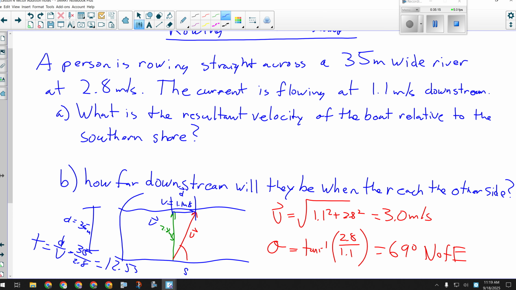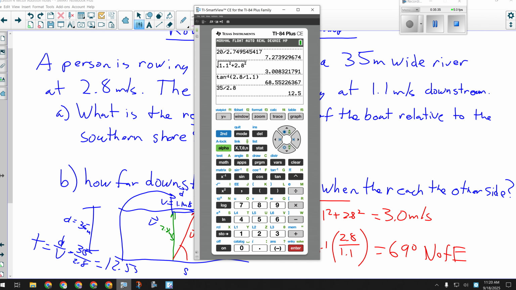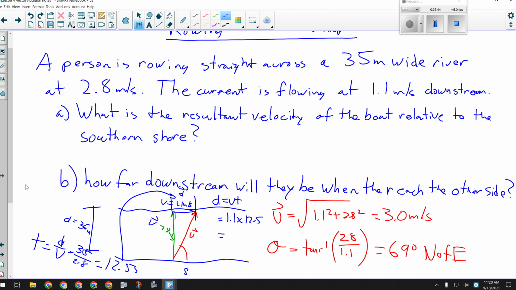That 12.5 seconds also applies to going downstream, because I do that for just as long. Once I get to the other shore, both stop. So now I can go d equals v times t and go 1.1 times 12.5 seconds, and that'll tell me how far downstream I end up. We only have two significant digits here, so 14 meters downstream.